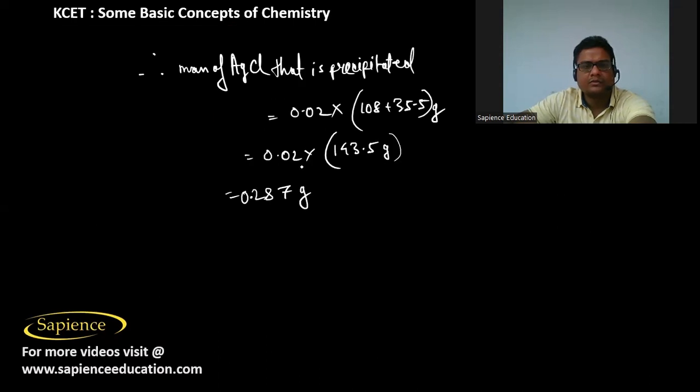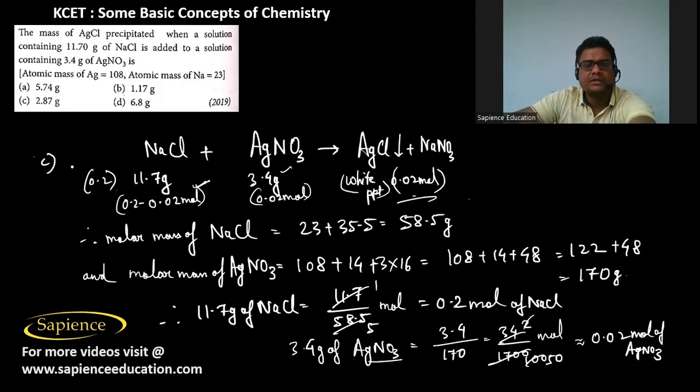No, sorry, it will be 2.87 gram. 2.87 gram will be precipitated. So option C is the correct answer.